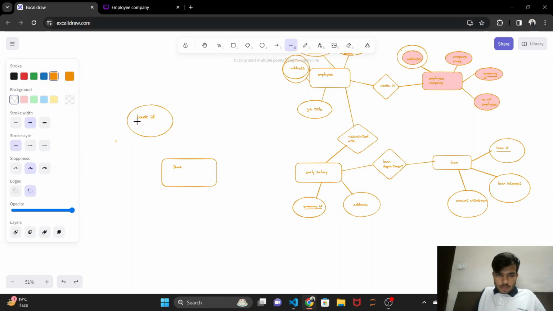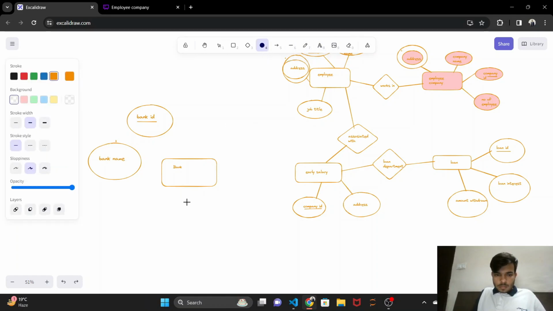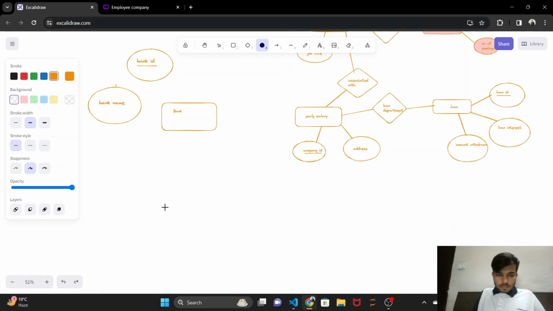This will be a primary key. Then we have another attribute, bank's name. Then we have address of bank.